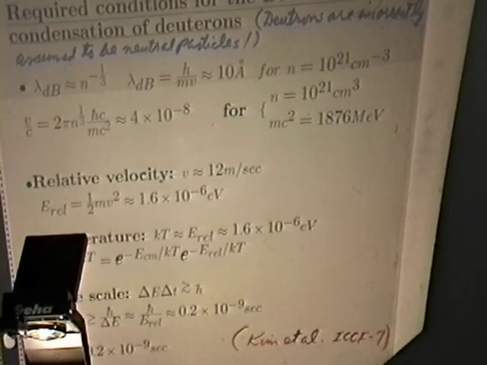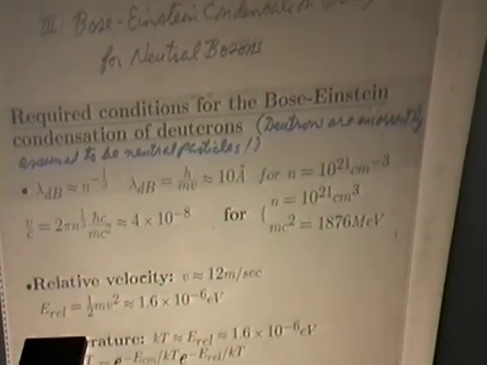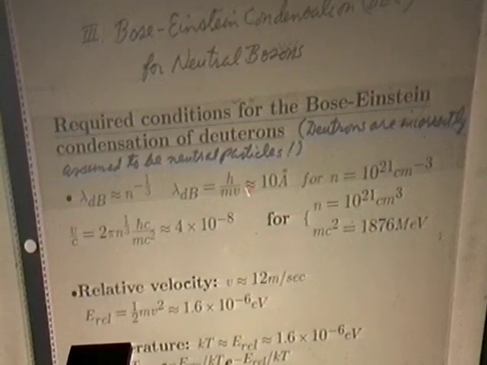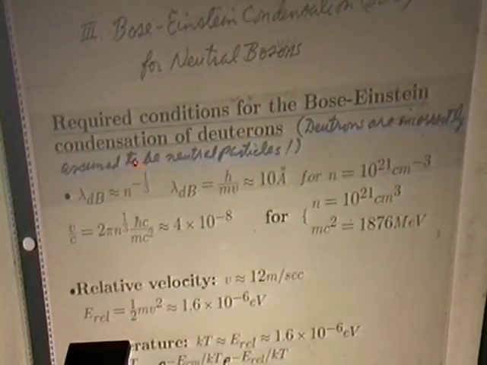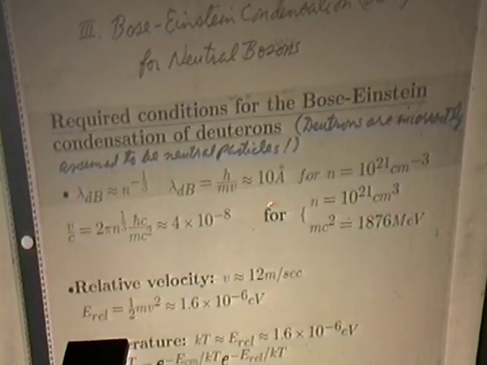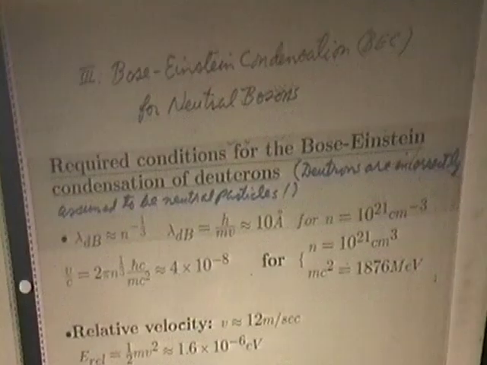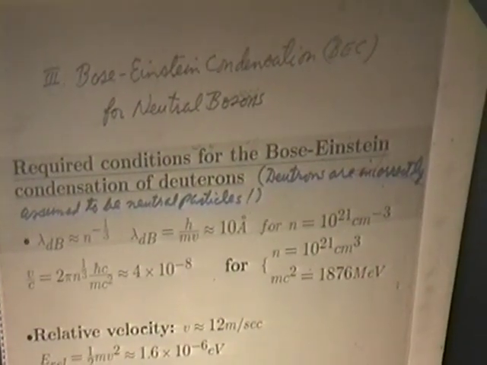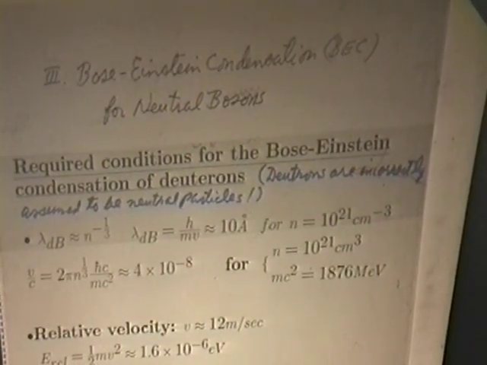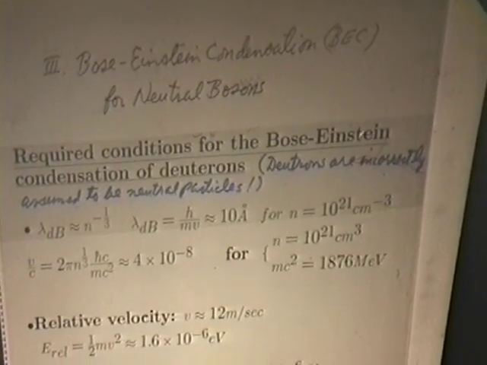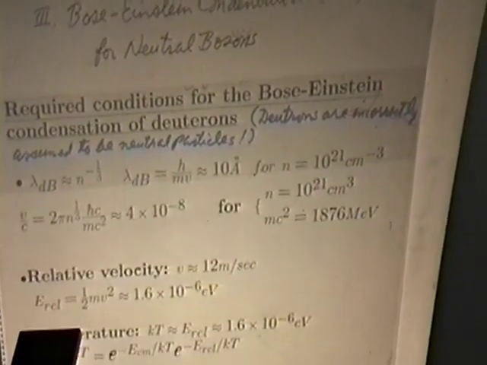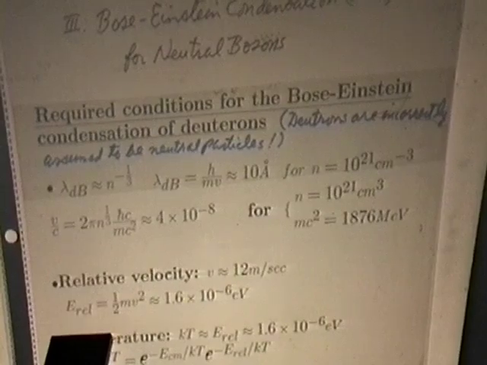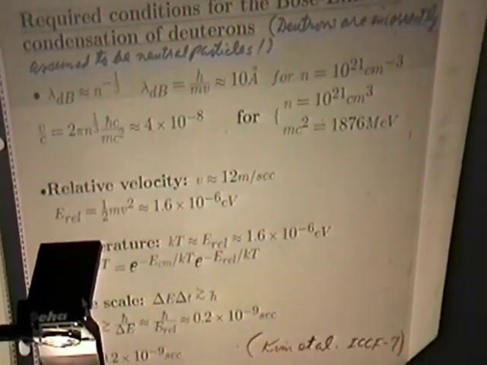But we realized that we were just borrowing Bose-Einstein condensation for atoms, which are neutral bosons, while the deuterons are charged particles, so the same formulation should not be applicable. So we had to reformulate the theory to come up with a description.